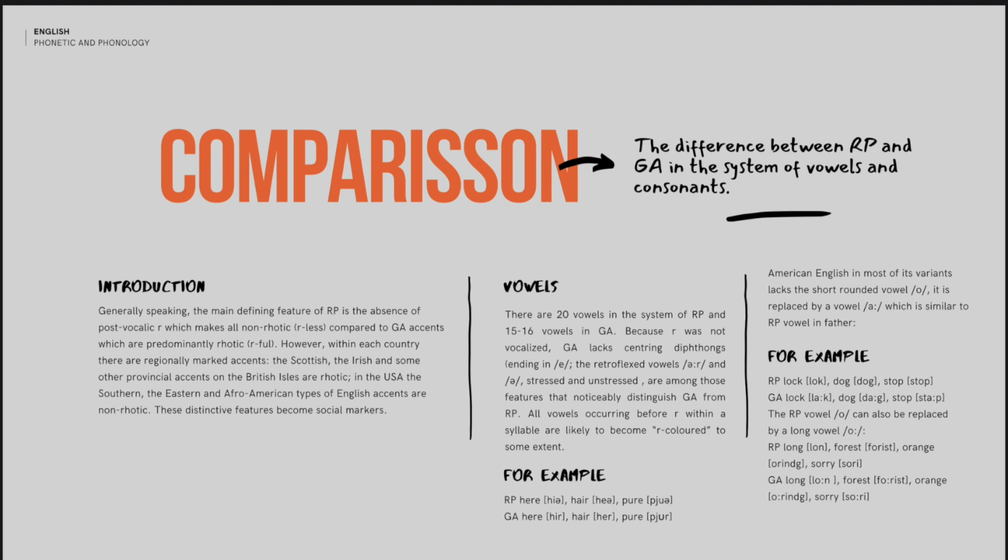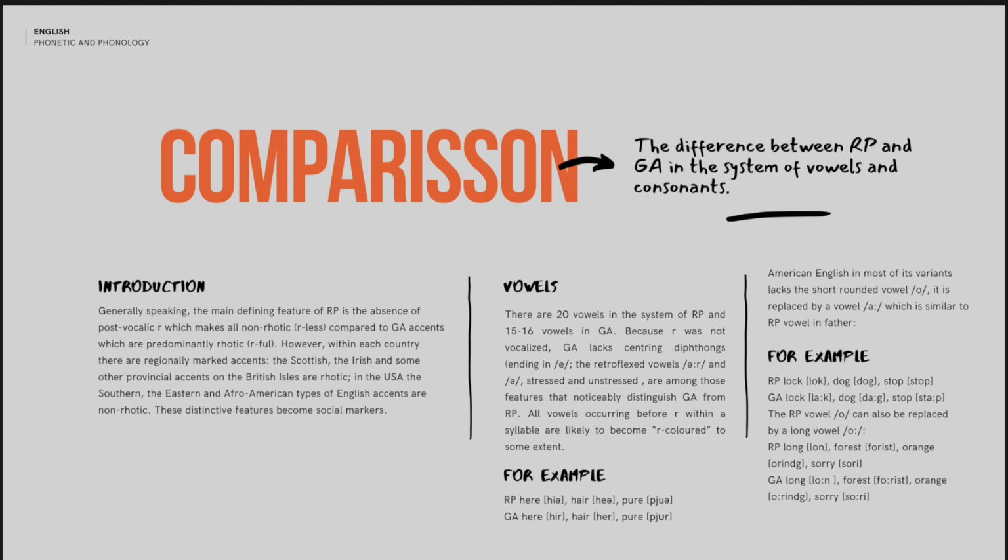American English, in most of its variants, lacks the rounded vowel O. It is replaced by a vowel similar to the RP vowel in father. For example, lock in RP and in GA, dog and duck, stop and stop.